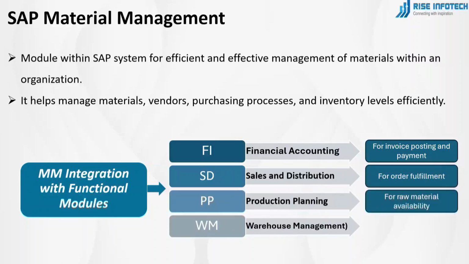Production planning covers raw material availability, the need for raw materials and stock of raw materials, whichever is required. And warehouse management is the storage part, so we need storage details, everything within warehouse management. So it is integrated with warehouse management.